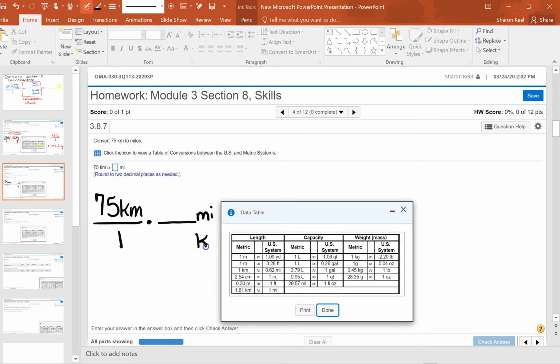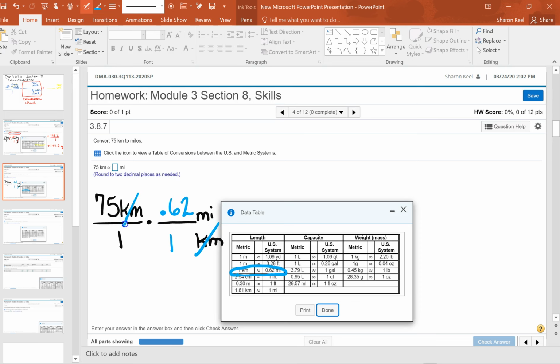So let's put the given unit, kilometers, here on the bottom. Under length, I'm looking for kilometers and miles. So here we go. 1 kilometer is 0.62 miles.